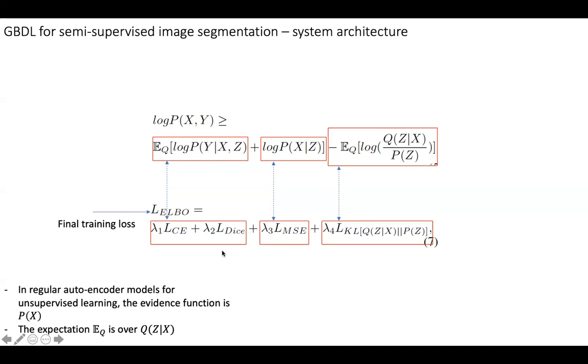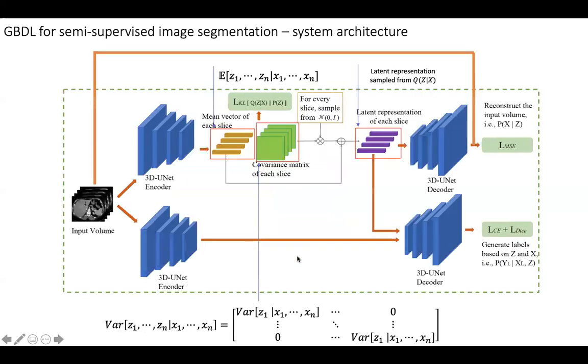And in regular autoencoder models, the joint distribution of x and y is replaced by just p(x), since we only have the input image, we don't have the label. Here the expectation is over the posterior distribution q(z|x). So next we will introduce how these terms are calculated in practice.